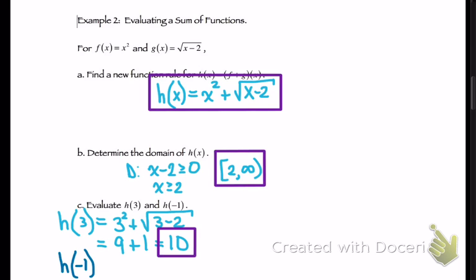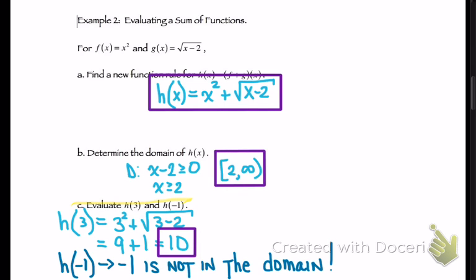Okay. So then h at -1. Plug that in. Uh-oh. I don't think I can plug that in because -1 is not in the domain of the function. So be careful.